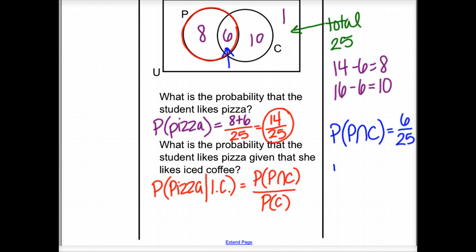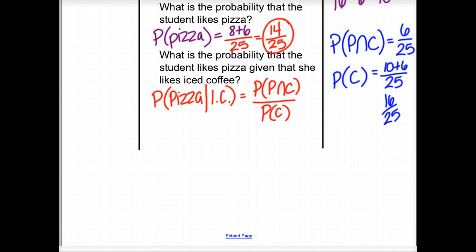Now the probability that they like coffee is going to be all of this here, which means that we're going to have the 10 plus the 6 out of the 25. So that 10 plus 6 is going to be 16 out of 25.